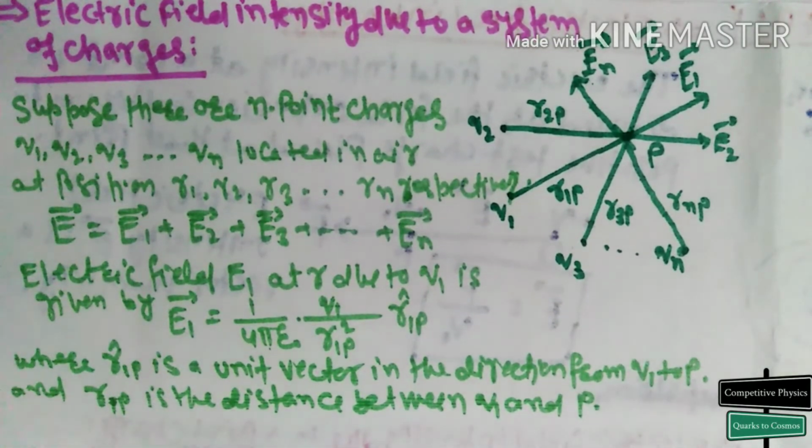Is it clear? Similarly, you can write the expression for E2, and En and so on.